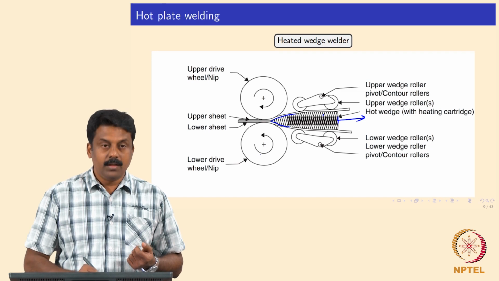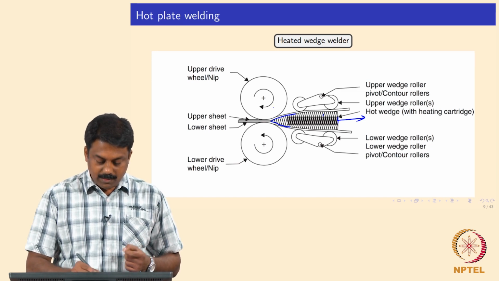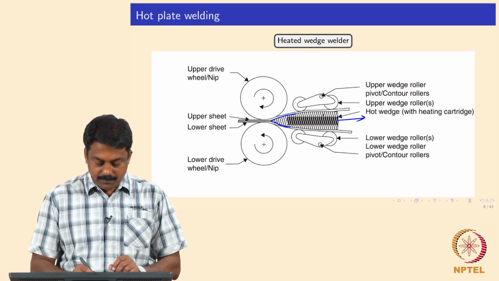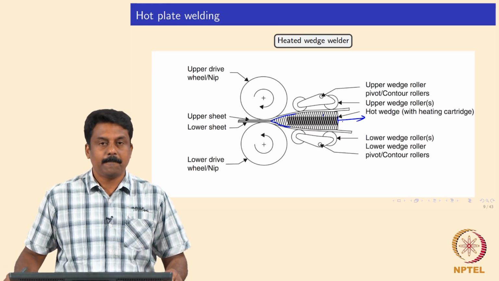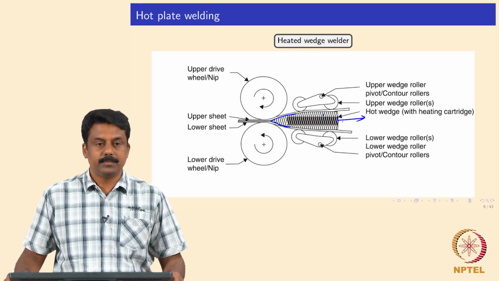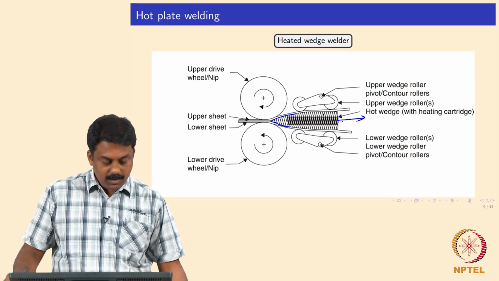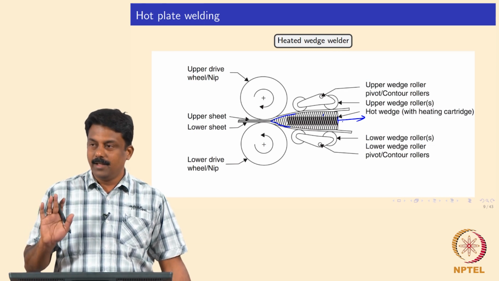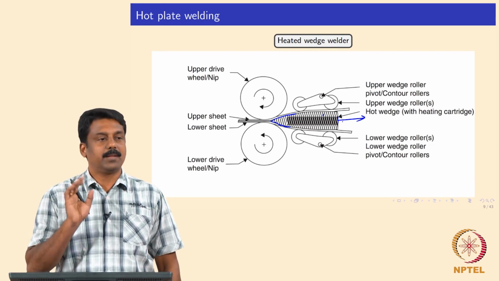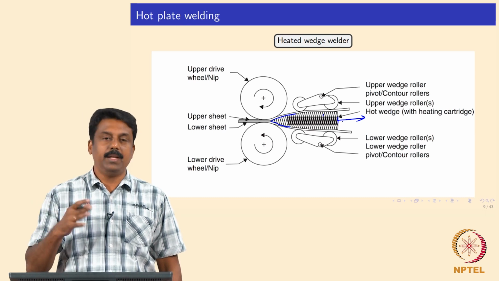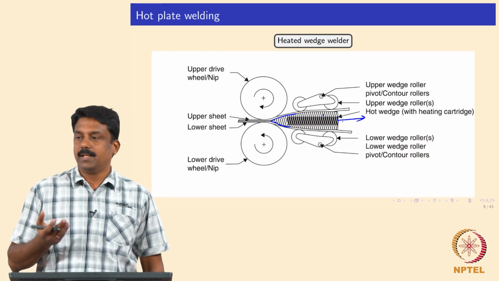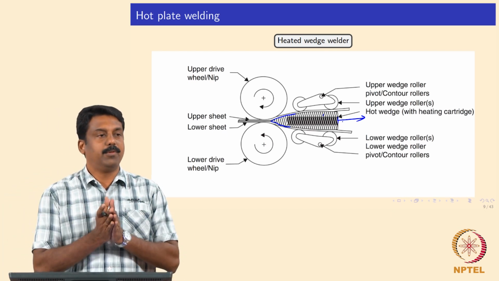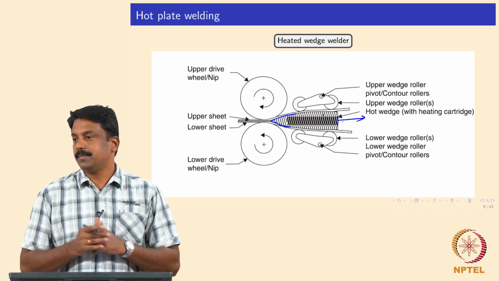Subsequently, the roller follows the molten interface and applies compressive force, and the interface coalesces and forms a joint. It's clear? Good. So these are some modifications of hot plate welding. The principle is the same. You always have some tool which heats up the interface, and the tool geometry can be anything. Use the heated plate, melt the interface, apply some force, and then form a joint.